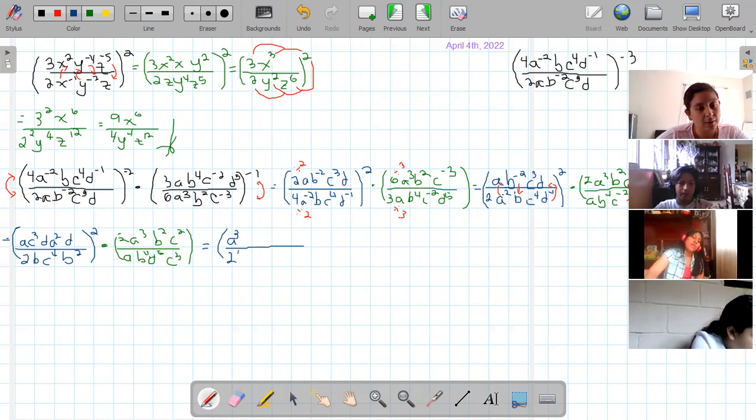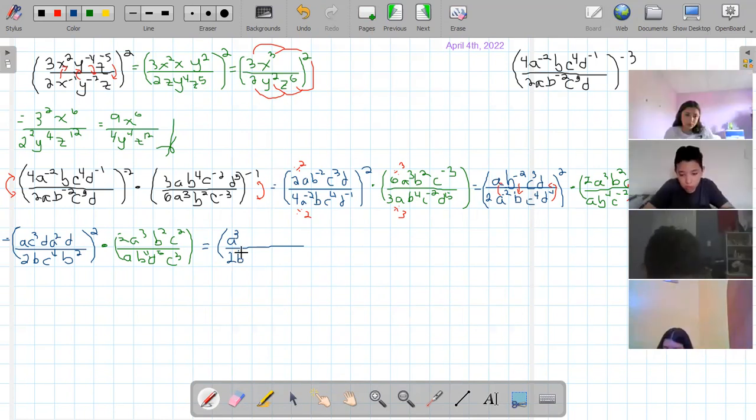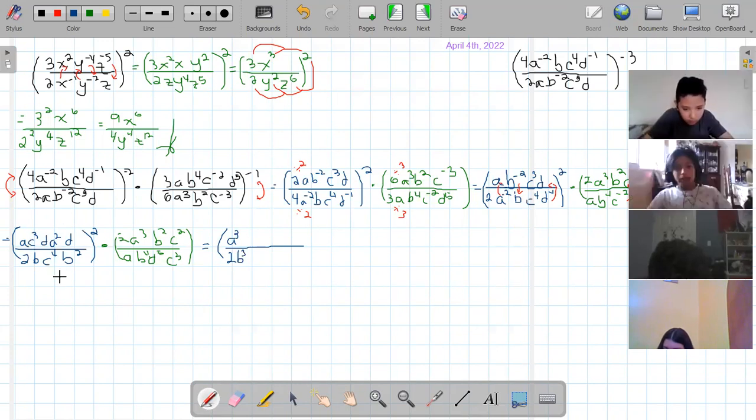So again, I add. And I got invisible 1 plus 2. That will give me, again, 3. Now I go with the letter C. I got it in the numerator, and I got it in the denominator. What should I do when I have it in the opposite sides of the fraction? Subtract.